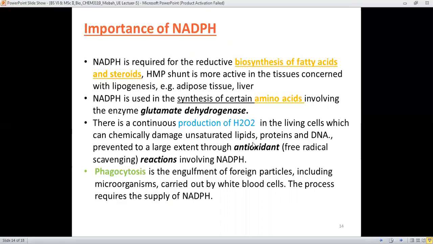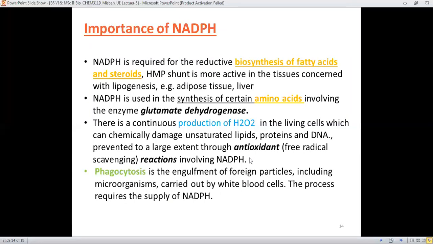And there is continuous production of hydrogen peroxide in the living cell, and it must be removed because it will damage the unsaturated lipids, proteins, and DNA structures.